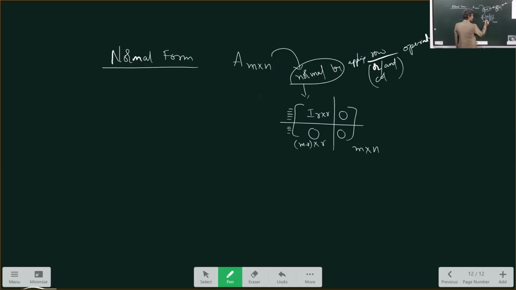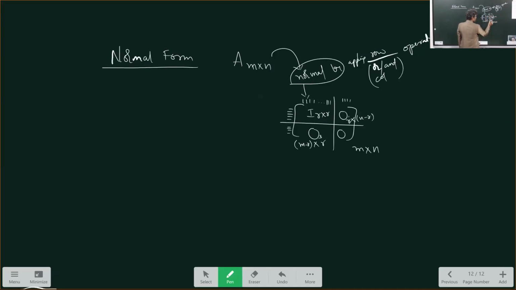I call this O3. The O1 will have r rows, and how many columns are left? There are r columns here, then there are n columns in total, so it will be n minus r columns.